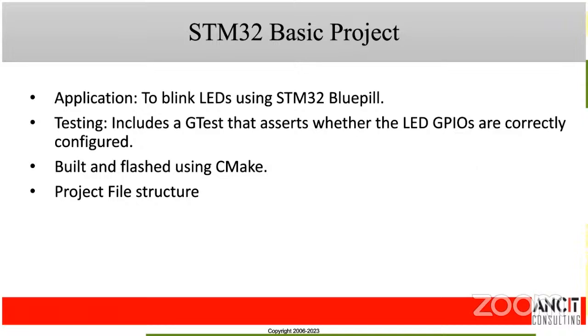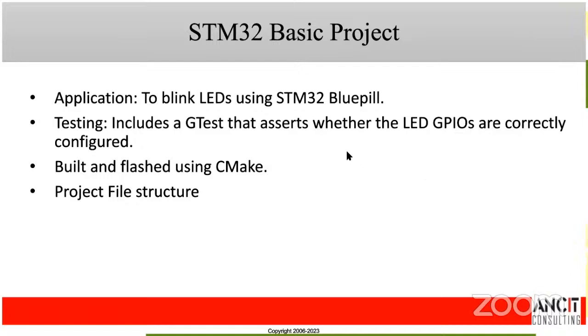The testing part includes a GTest that asserts whether the LED GPIOs are correctly configured. This GTest will not allow you to go forward with building the project if you do not properly configure your LED GPIOs. This is built and flashed using CMake.